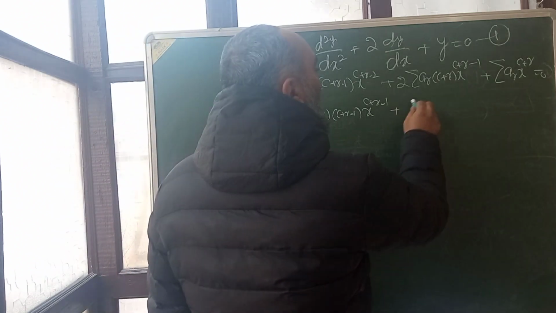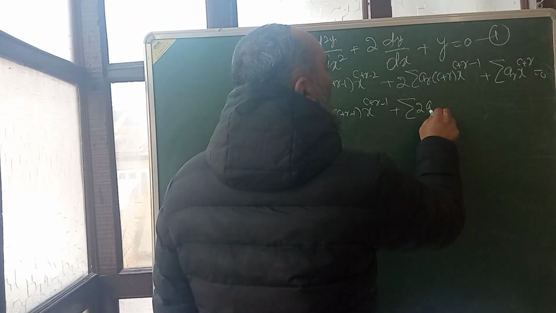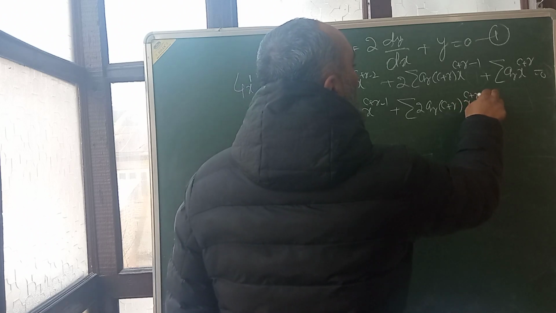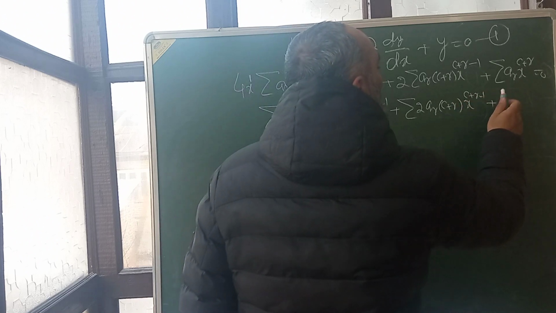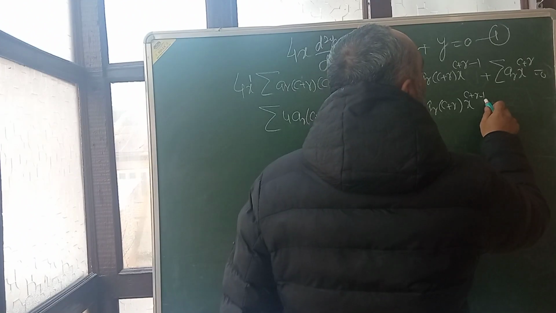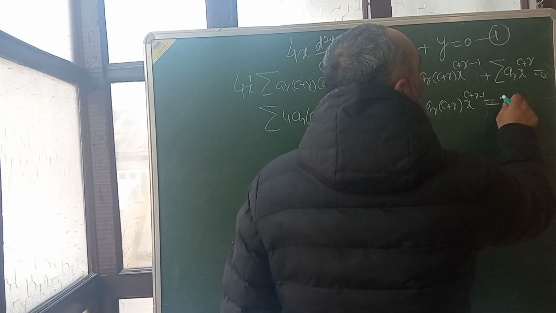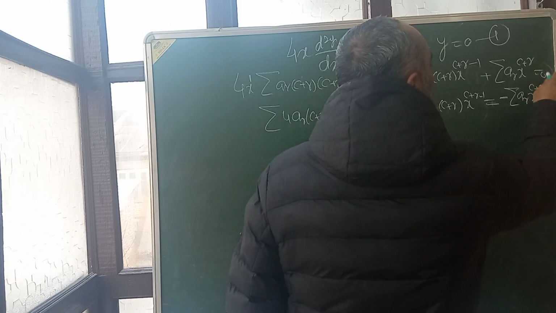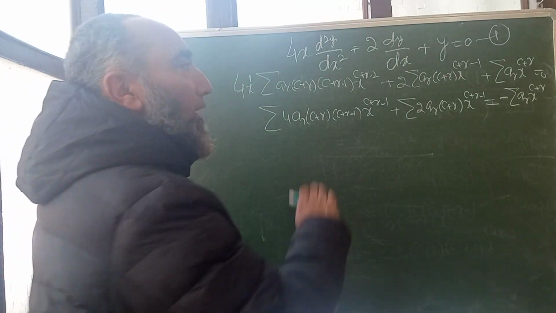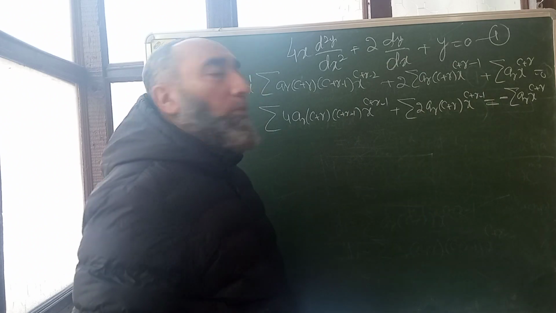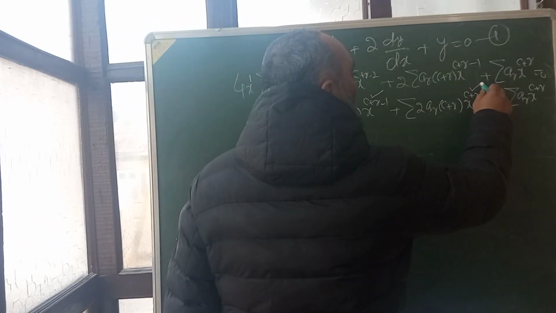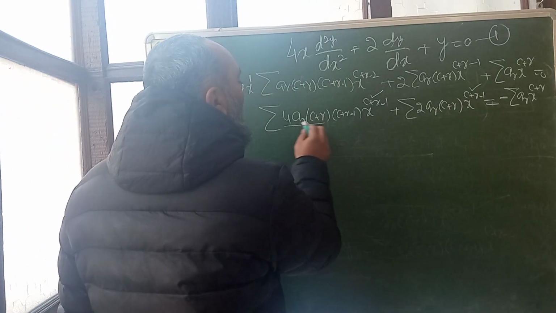Then twice ar (c plus r) x raised to the power c plus r minus 1 plus, or you can write it as equal to minus summation ar x raised to the power c plus r. I have taken ar on the right hand side, so this will be minus. See, this is x raised to the power c plus r. And what is common? 2 times ar.